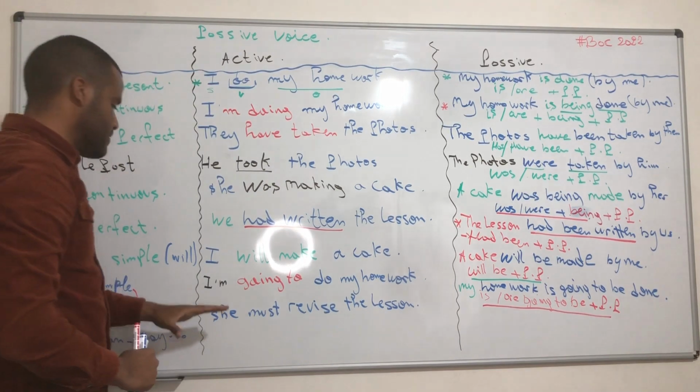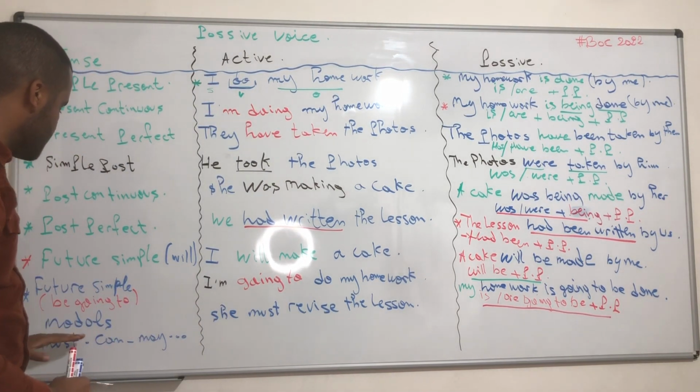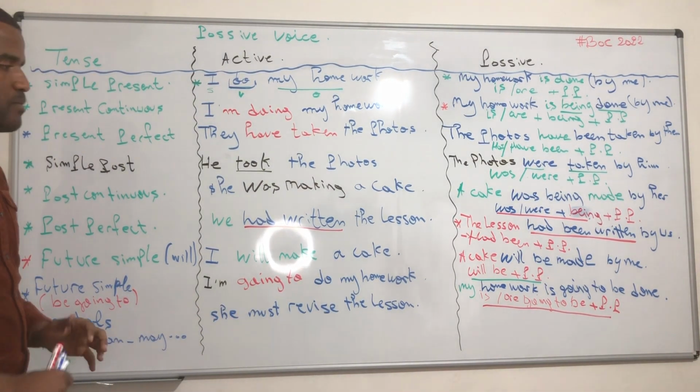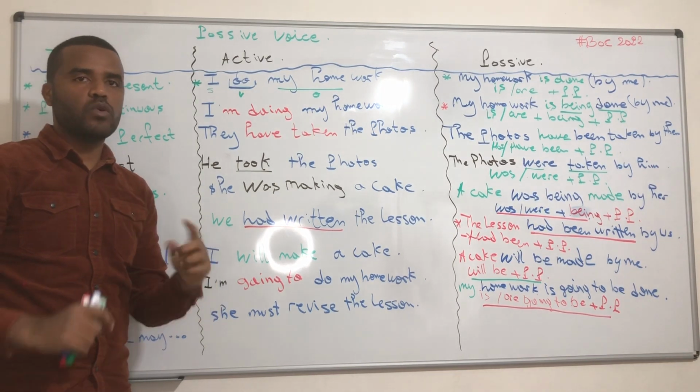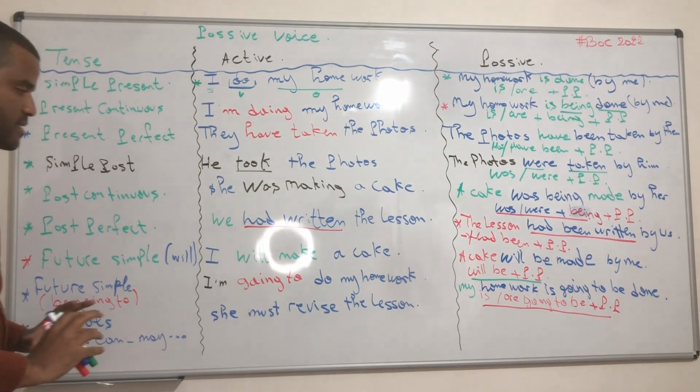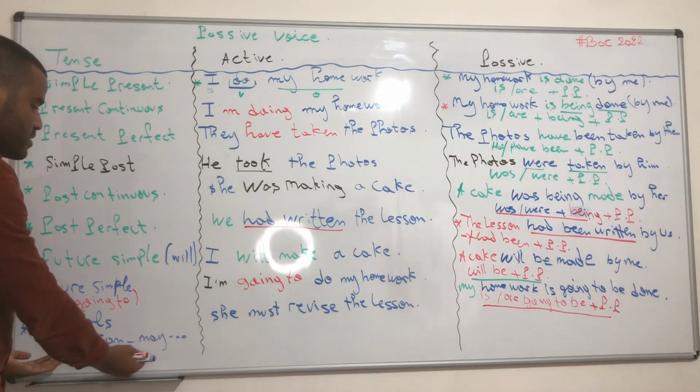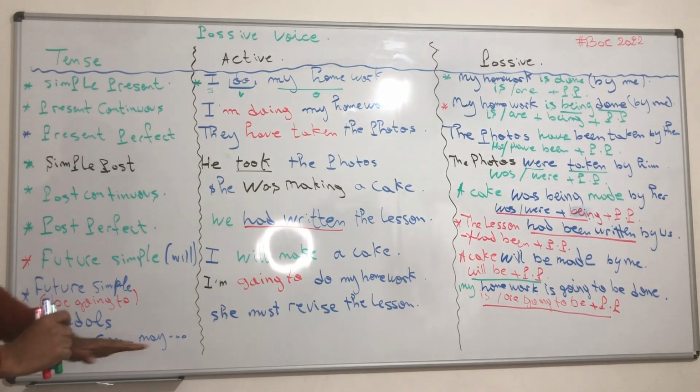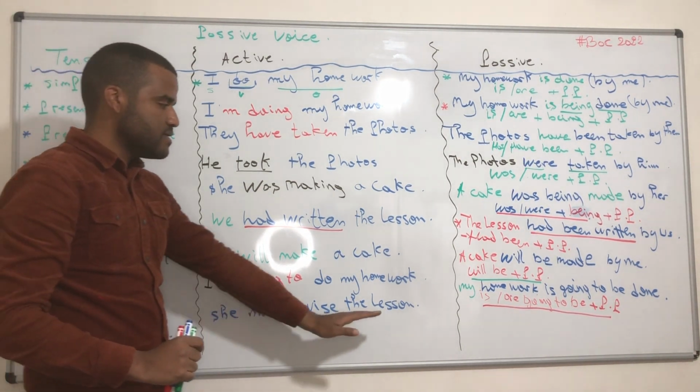And we have the last one, modal verbs. All the modal verbs follow one rule. كاع المودل verbs اللي عندنايا تيتبعوهم هما كنتبعوهم واحد قاعدة وحدة. عندنا she must revise the lesson.